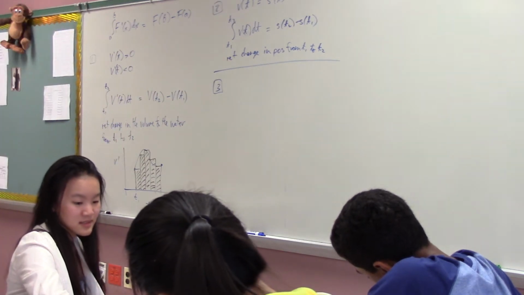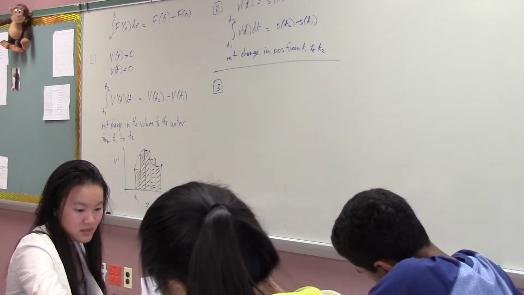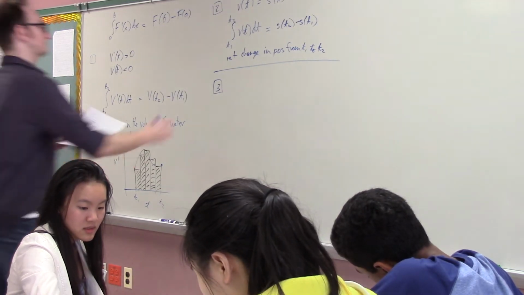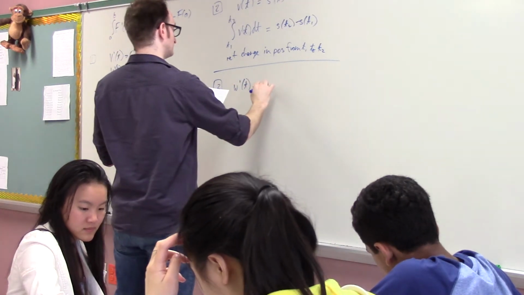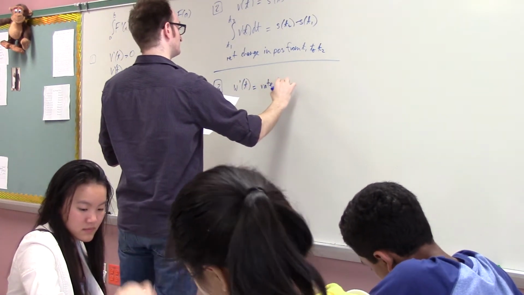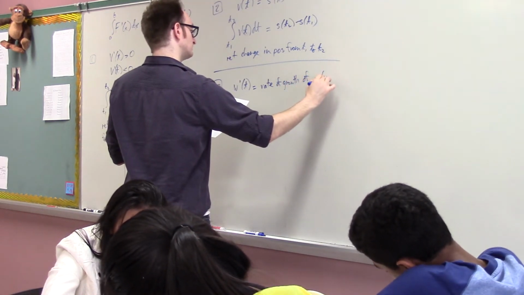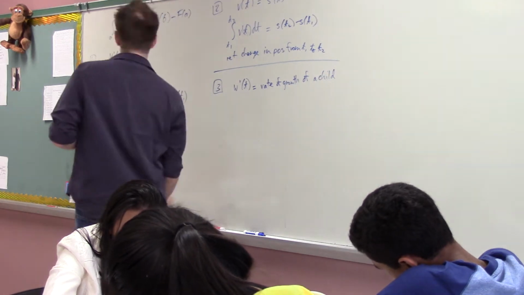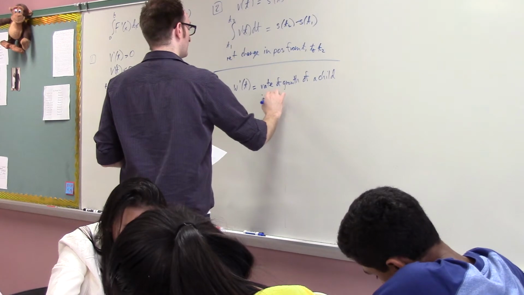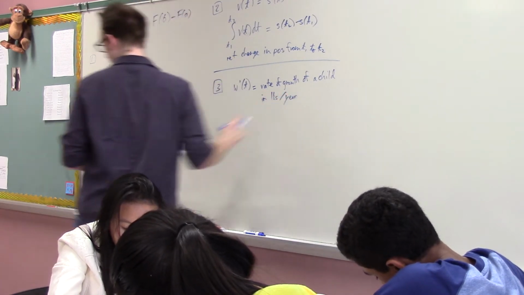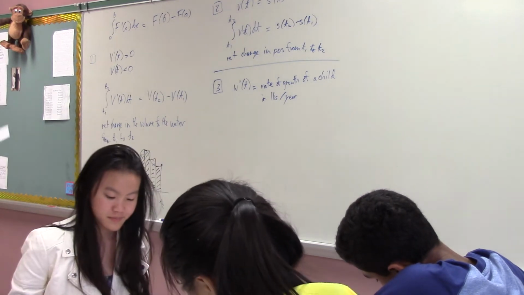Number 3. So everyone read number 3 and think about it for a second. Change in growth, T1 and T2. Net change.